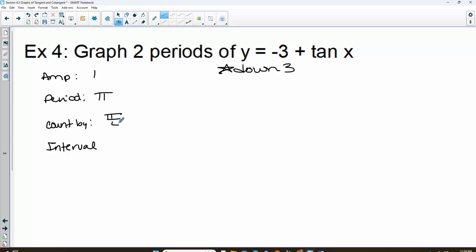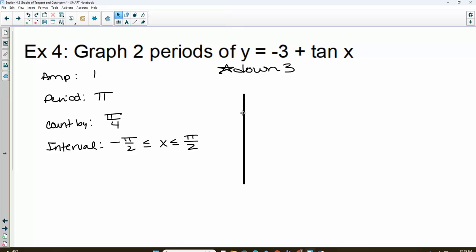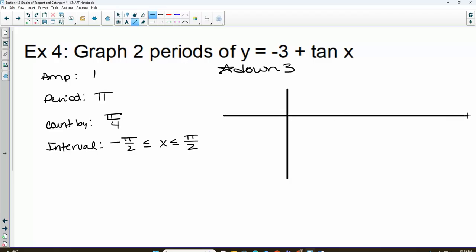Now 5 pi over 4. Interval, we always set tangent up between negative pi over 2 and positive pi over 2. So, my first point happens at negative pi over 2.